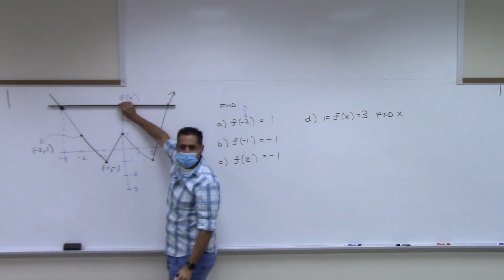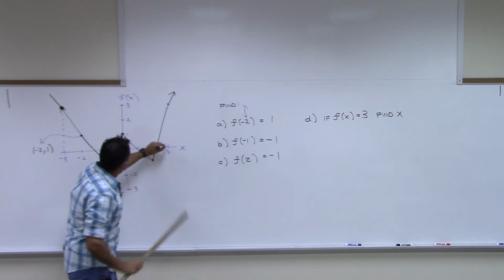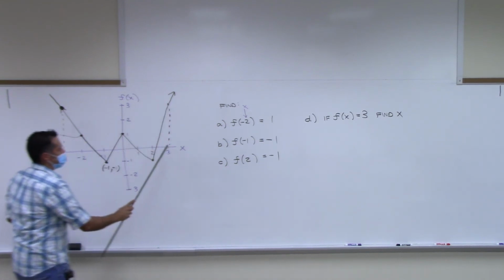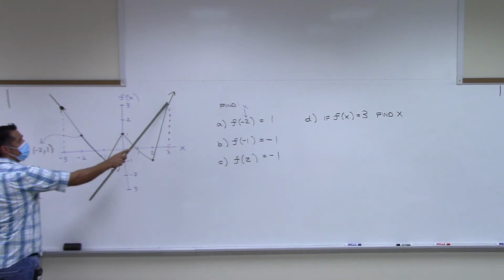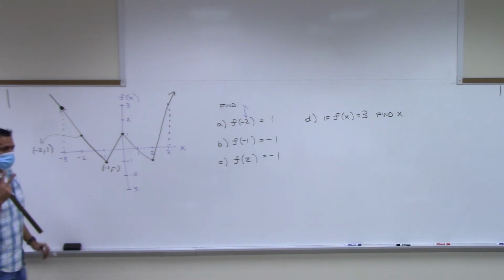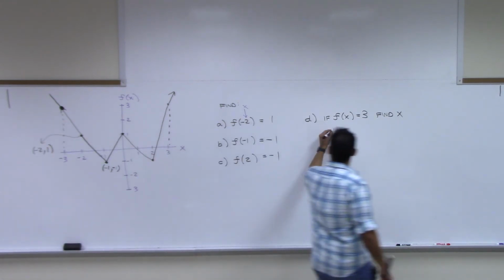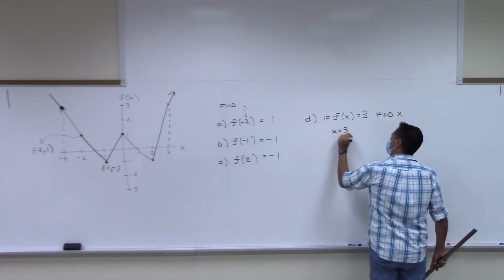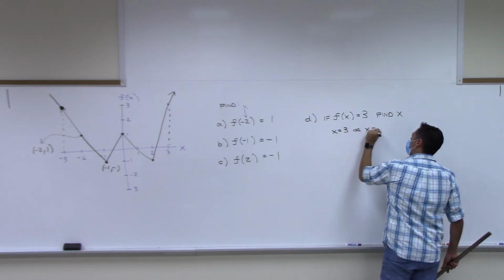Negative 3. Do you see that there's two values of x? If you plug in 3, you get 3 to come out. If you plug in negative 3, you get 3 to come out. So we have 2 answers. Find x. X is 3 or x is negative 3.